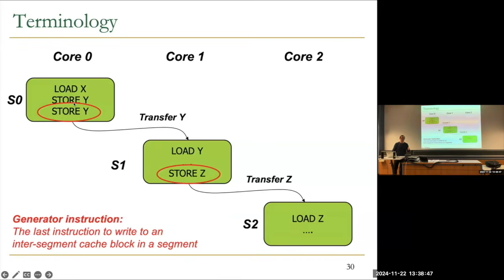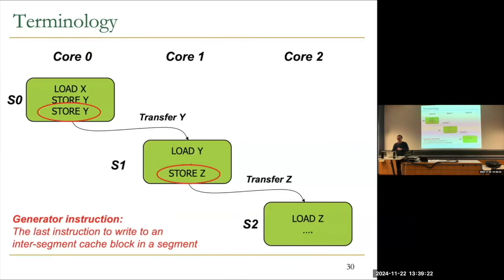Now, there could be multiple generator instructions, which makes things more interesting and complicated because of control flow in programs. You may have if and else structures, where the if part can produce one data with one store instruction, and the else can produce another data with another store instruction. Clearly, when you're executing the program, only one of them will be executed, based on the branch you've taken. But there could be multiple generator instructions. Make sense? And that's going to be part of the inaccuracy of the mechanism that we're going to discuss soon.